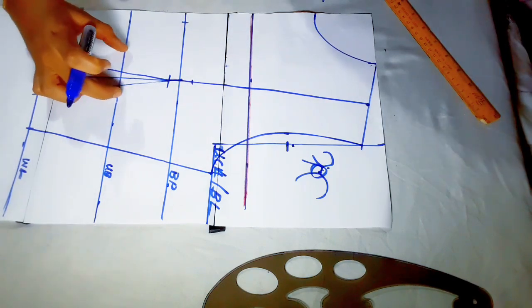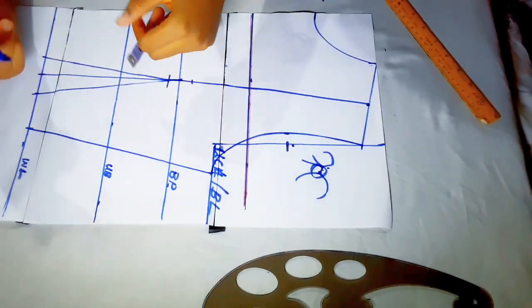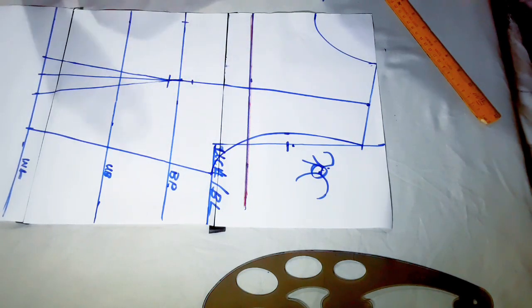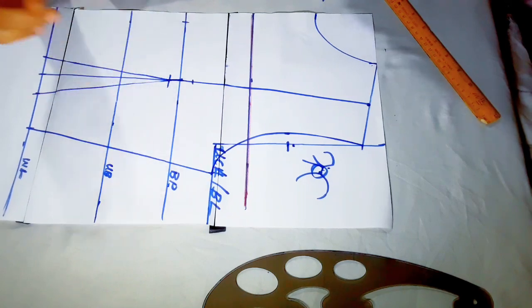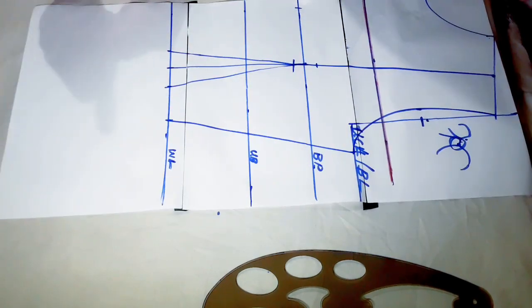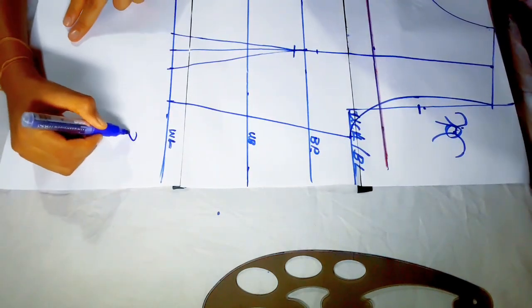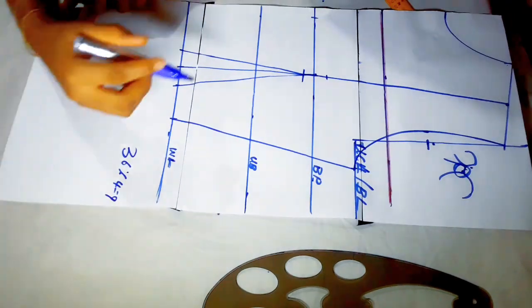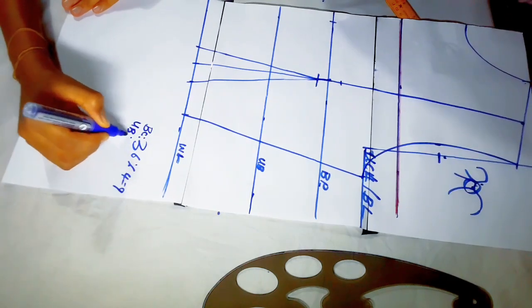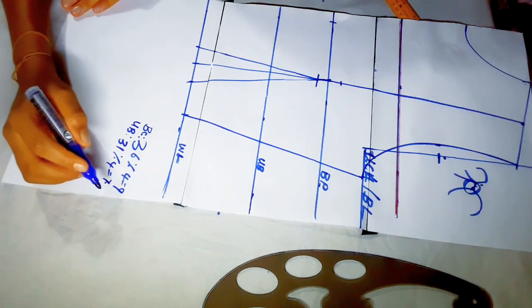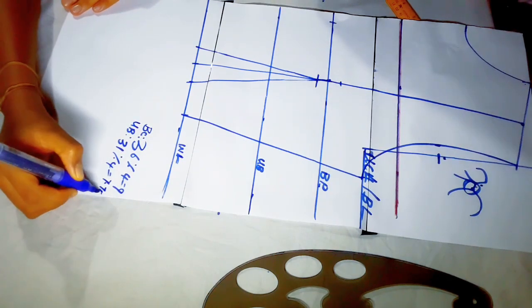Now, because we want the under bust to be tight, to make the cup of this top form really well, we want to tighten the under bust. I had my bust circumference of 36, divided by 4 gave me 9. And my under bust circumference is 31, so when you divide by 4, I have 7.75.